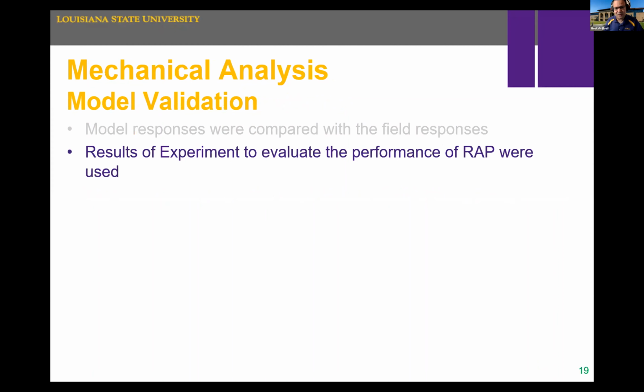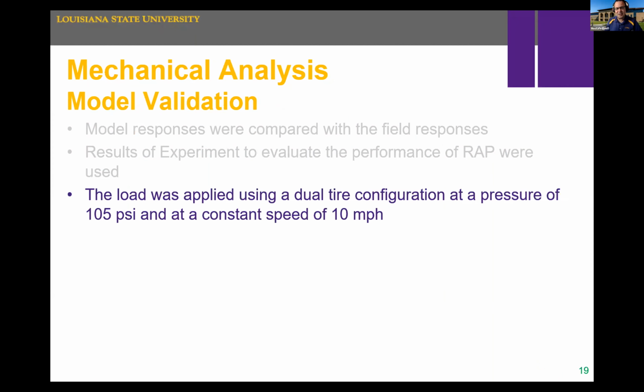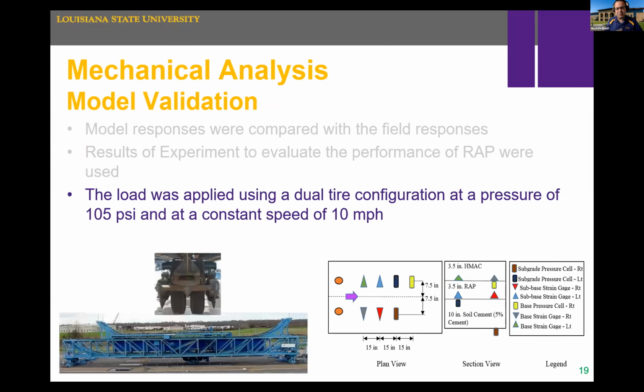With respect to model validation, in my opinion, model validation is very important. If you want to make sure that your model is valid, you have to compare it with some type of experimental result. We had some of the data obtained at the accelerated loading facility in Louisiana, and these data were obtained at a speed of 10 miles an hour, which was one of the speeds that we simulated in the model.